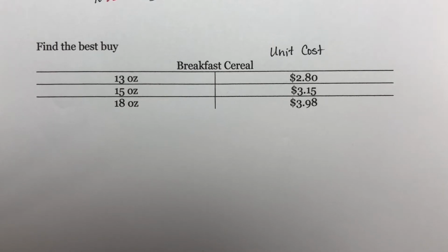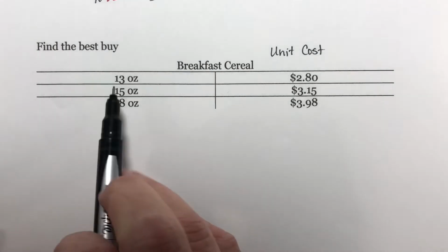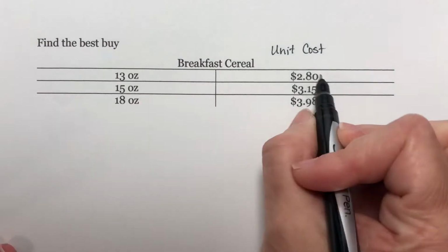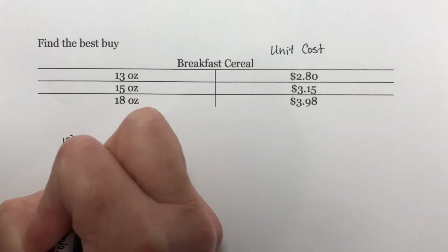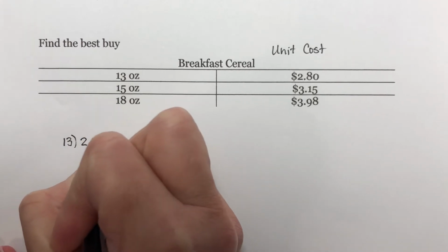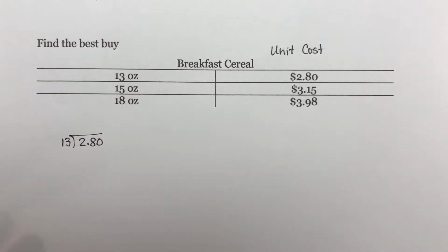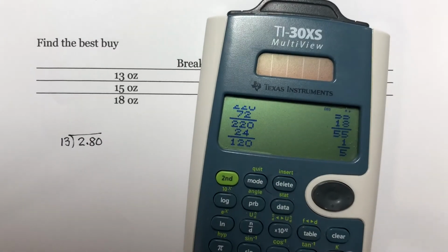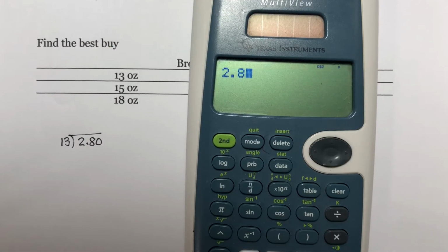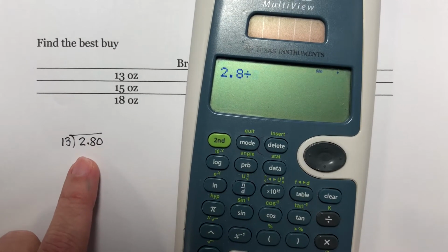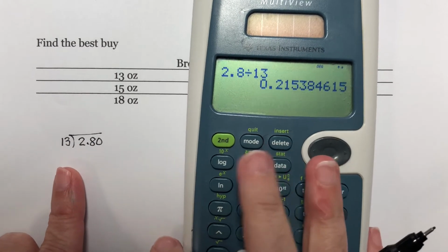Now all you have to do here is several divisions, okay? For this one, I have 13 ounces. My cost is $2.80. I do that division: 2.80 divided by 13. You're often going to get some ugly decimals.